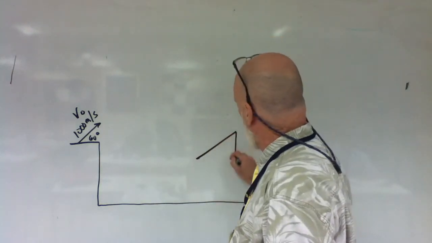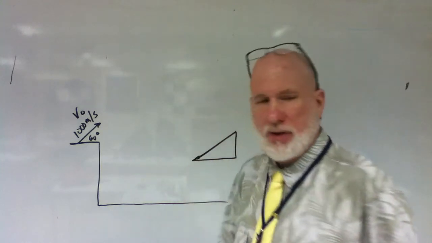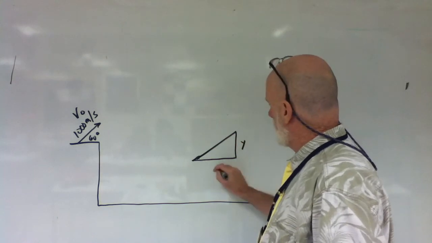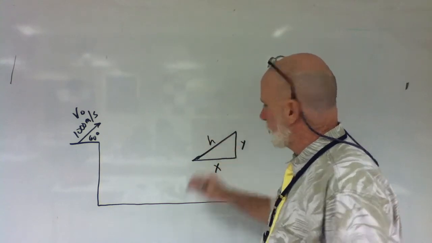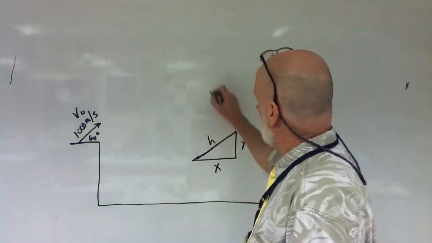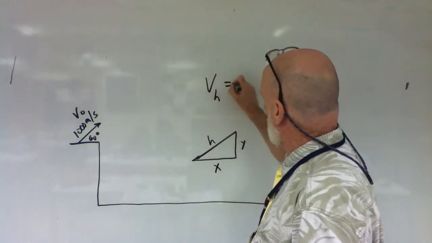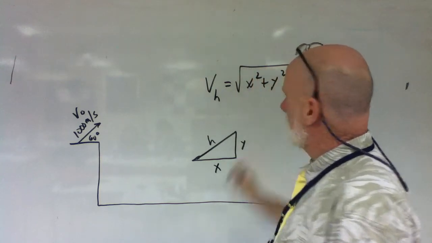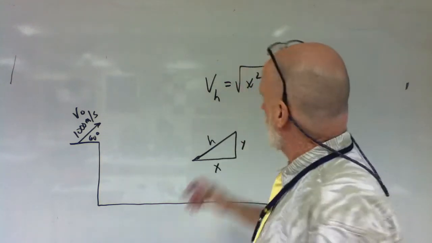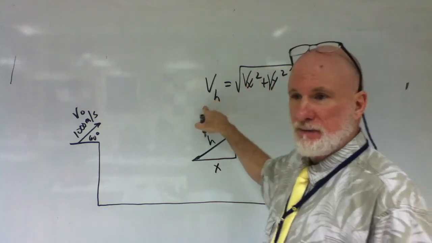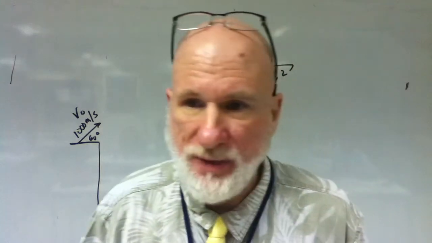Remember when we had the triangles in the beginning of the year, and we said that this was Y, this was X, and this was H. And in some of your equations, I said VH equals the square root of Vx squared plus Vy squared. So I often said that the initial velocity was VH.